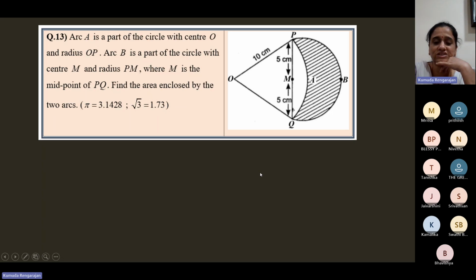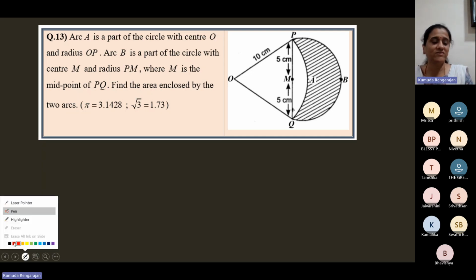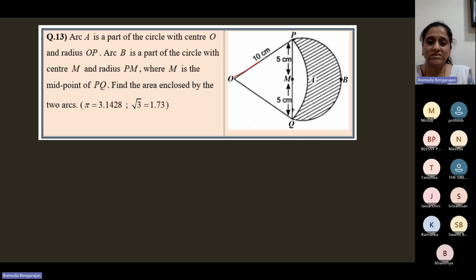Very good. 60. Why? Because it's an equilateral triangle. OP is 10 centimeters, OQ is 10 centimeters, and you can also see this is 10 centimeters, 5 plus 5, 10. So OPQ is an equilateral triangle, and hence the sector angle is 60 degrees. Please help yourself and present the answer slide.